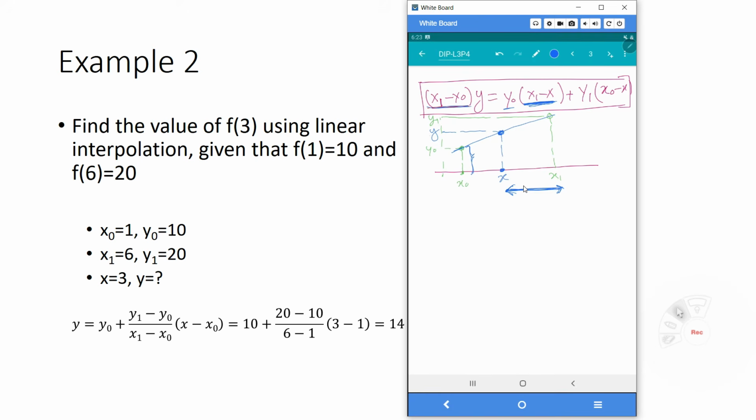We take this distance, x1 minus x, and multiply it by the value at the first point, that is y naught. Plus, now we take this y1 and multiply it by x naught minus x, which is the distance on the other side from the point we wanted to calculate the value.